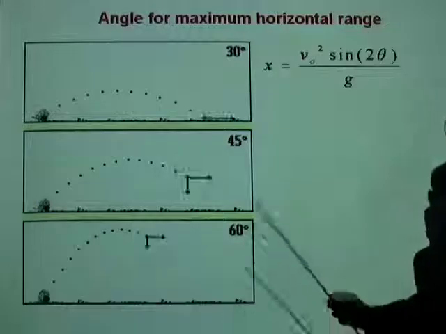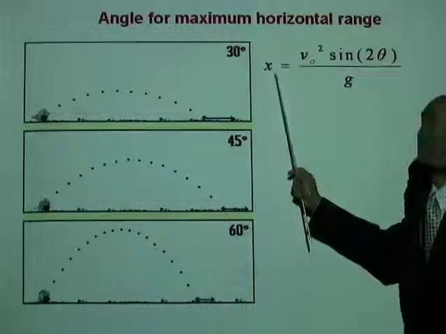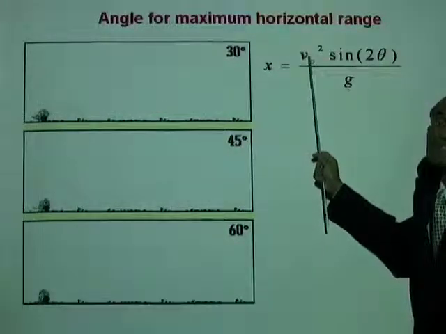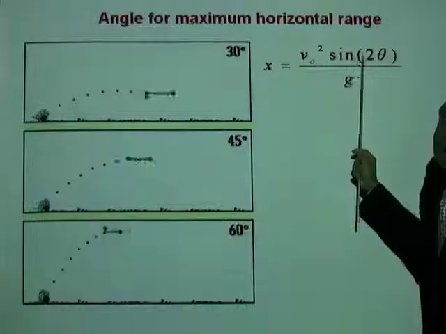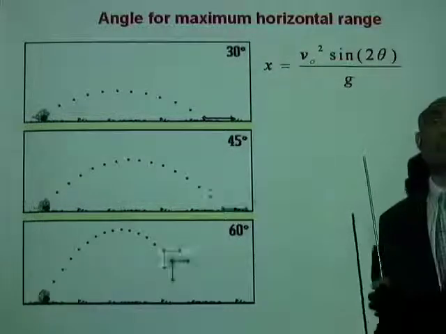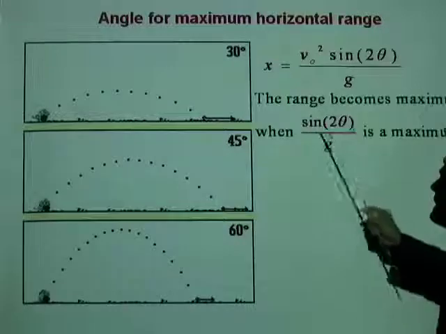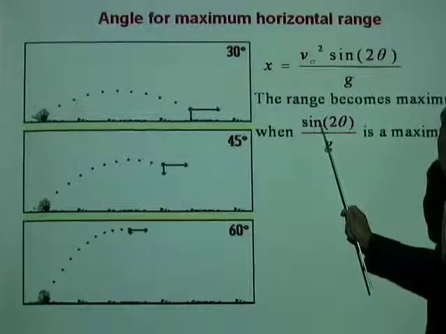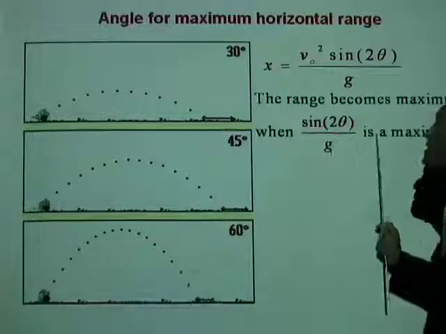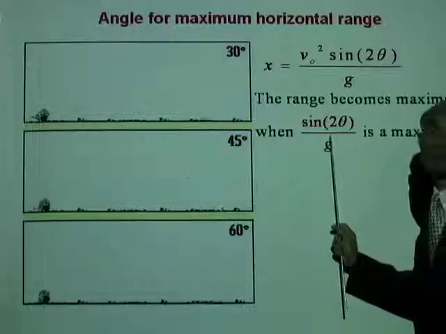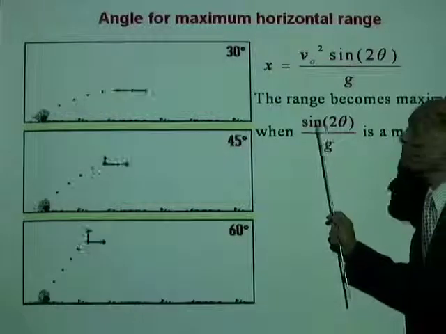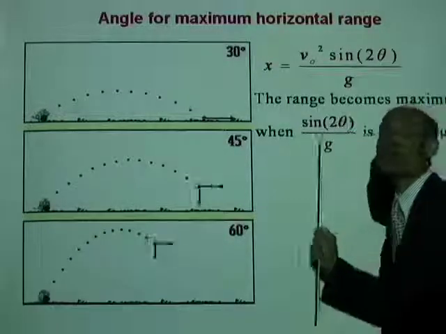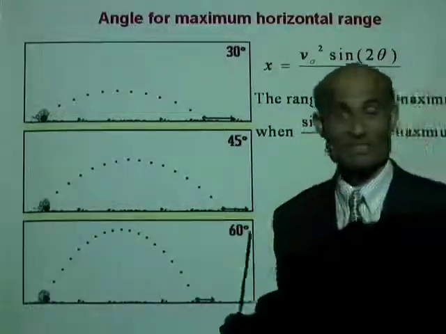Now, why is it so? Let's look at the equation. The range x equals v0 squared sine of 2 theta divided by g. Now, the range becomes maximum when sine of 2 theta is the maximum. Now, what is the maximum value of a sine function?